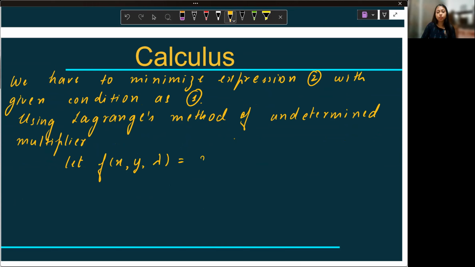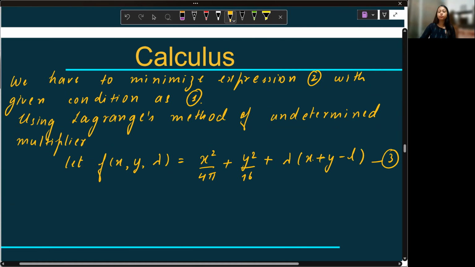That is, this expression I need to minimize, x square by 4 pi plus y square by 16, keeping in mind x plus y minus L. That I have taken from equation 1, right? So let it be third. Where lambda is Lagrange's multiplier, which we need to calculate. Okay. So how to start?